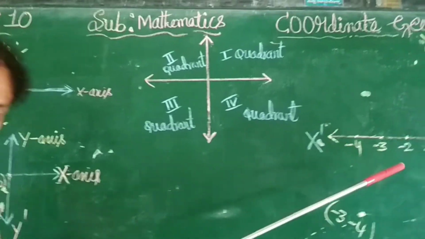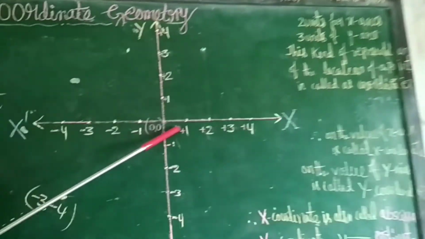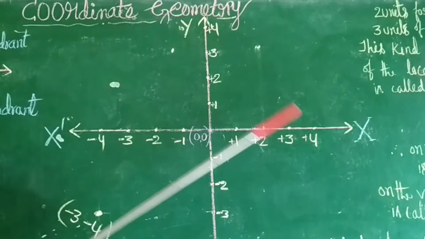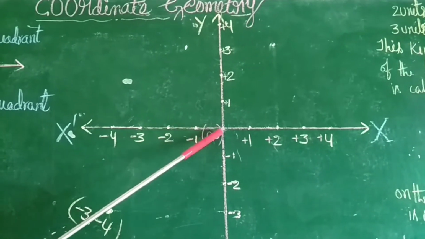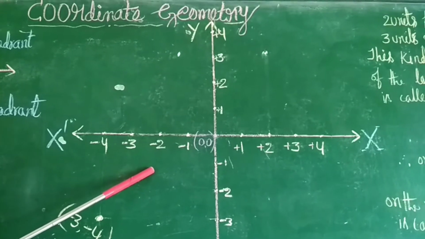Dear students, the x-axis possesses positive values on the right side of the origin and negative values on the left side of the origin.